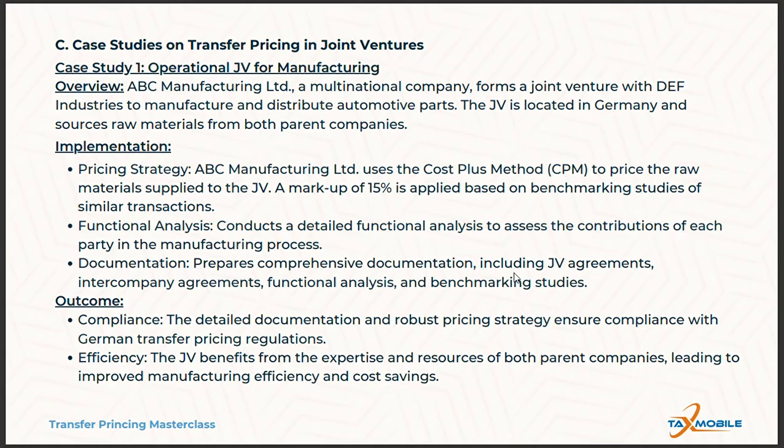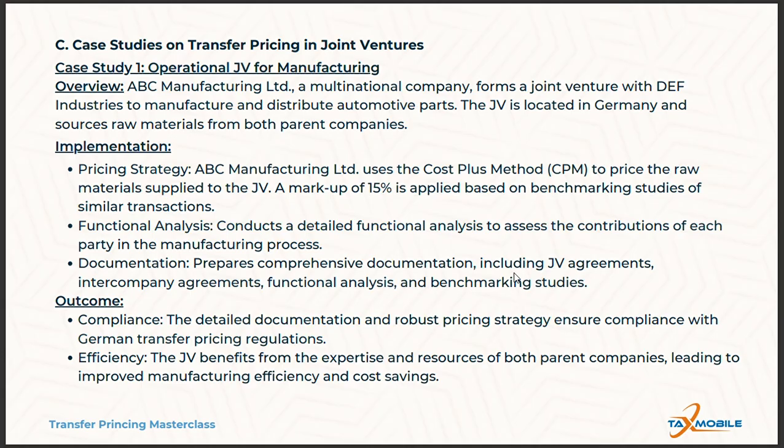Now, implementation: how are they going to implement this operational JV to ensure compliance? Now the pricing strategy first. ABC Limited uses the cost plus method, applying a 15% markup to the raw material supplied to the JV. This markup was determined through benchmarking independent transactions.